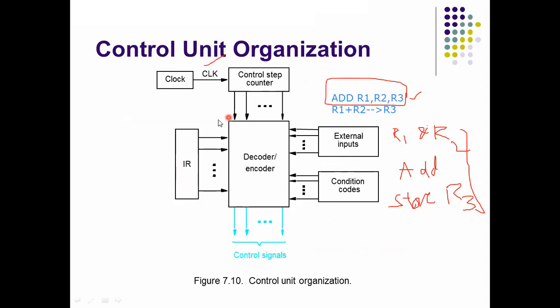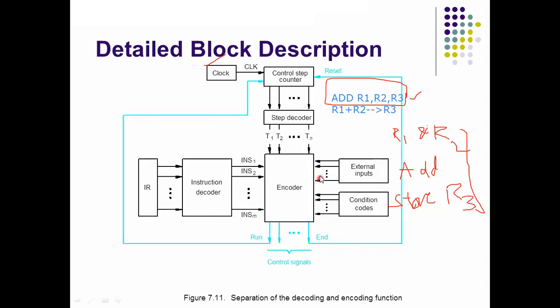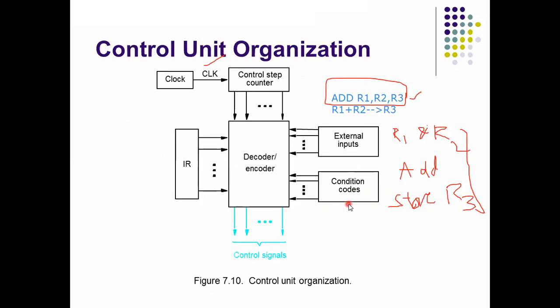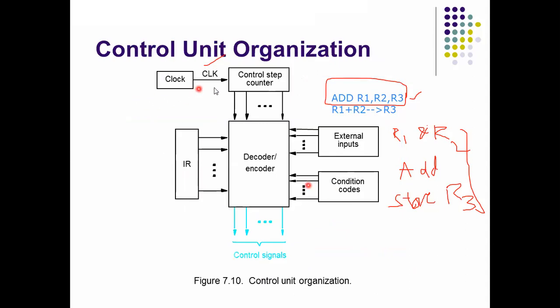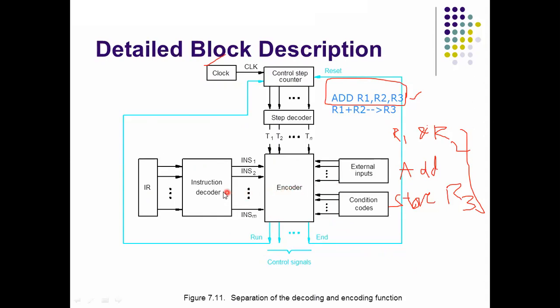The previous one is just the control unit organization; this is the detailed block description. Which blocks are added? Clock, control step counter, IR, external inputs, condition codes are there. The encoder and decoder are separated here, with a step decoder. That means these 2 blocks are added.